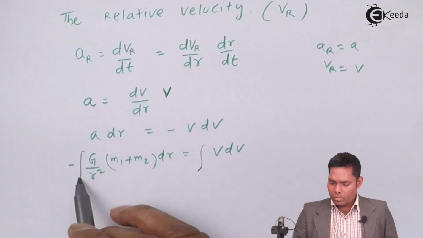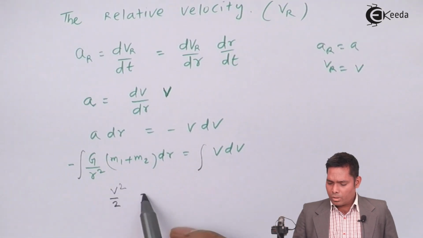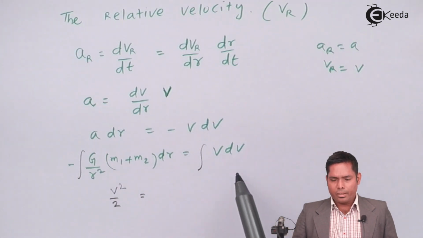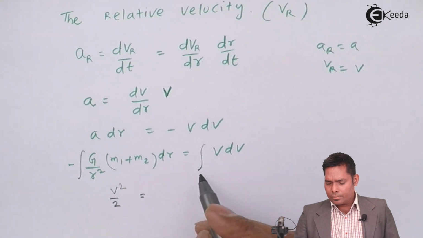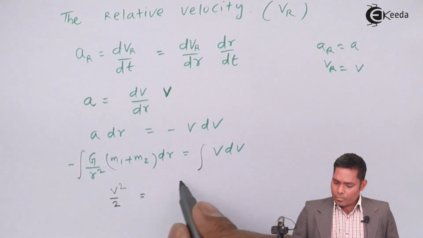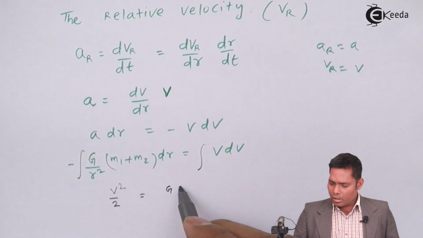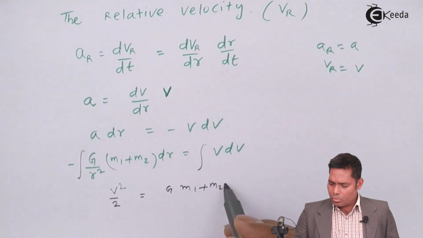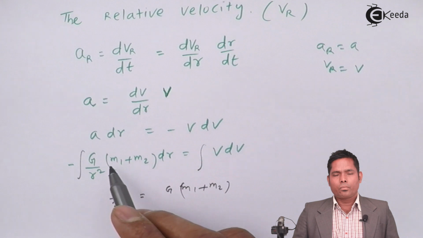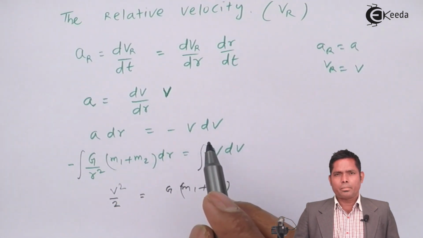By taking integration of both sides, v dv will be v square by 2 equals some constant, and here also some constant. This side it is G(m1 plus m2), and the integration of dr over r square will be r raised to the minus 2 plus 1 divided by minus 2 plus 1, that is minus 1 over r.